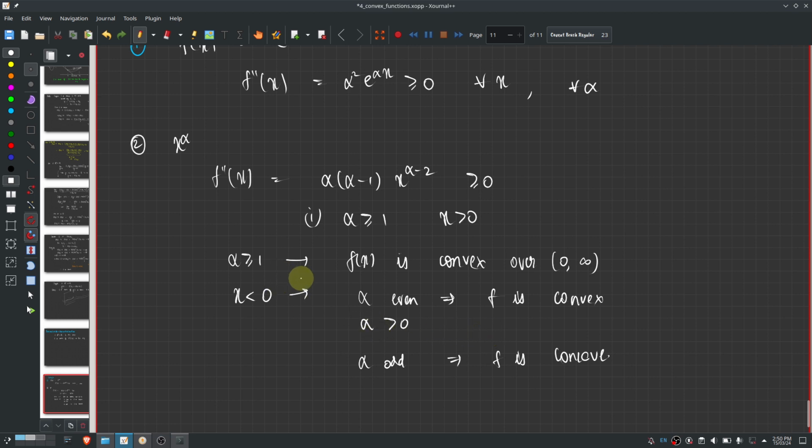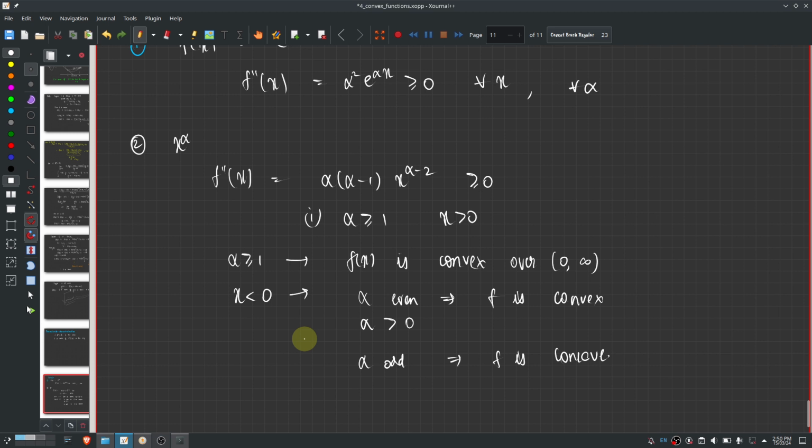So if alpha is even and alpha is greater than 0, I'm sorry, so I should say alpha greater than, yeah, so it's at least 2, right? Yeah, it will be 2, correct. So that's fine.